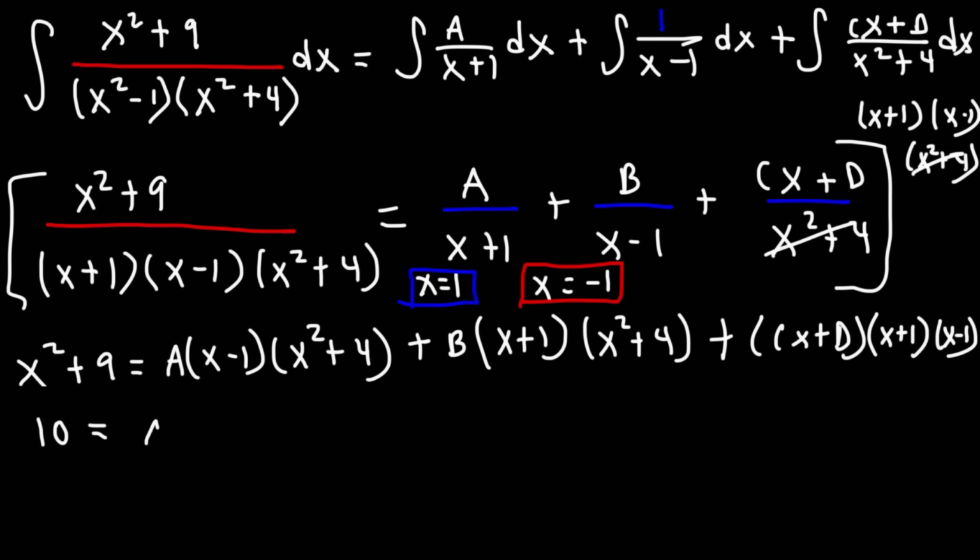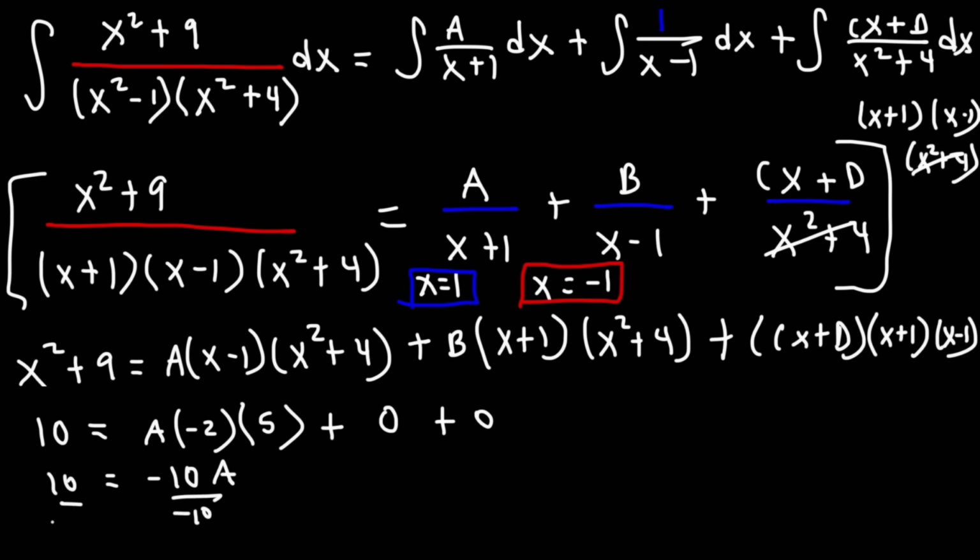And then it's going to be a, 1 minus 1 is negative 2. Negative 1 squared plus 4, that's going to be positive 1 plus 4, which is 5. When we plug in negative 1 into x plus 1, that's going to be 0. And this will be 0 as well. So we get 10 is equal to negative 10a. Dividing both sides by negative 10, we can see that a is negative 1.